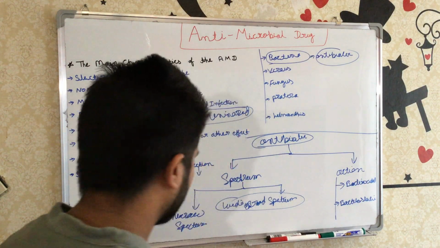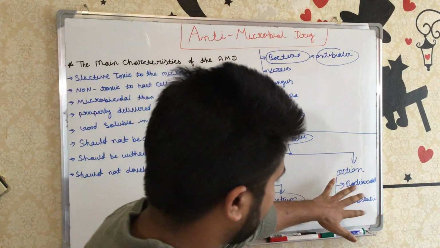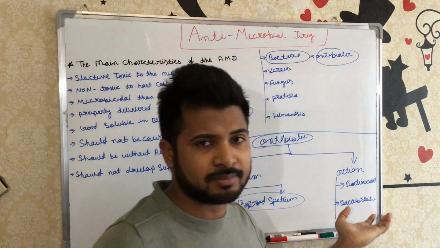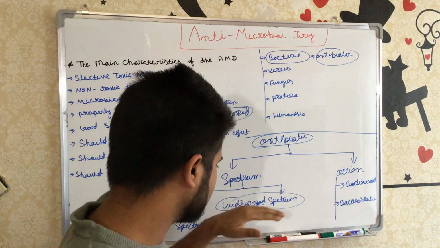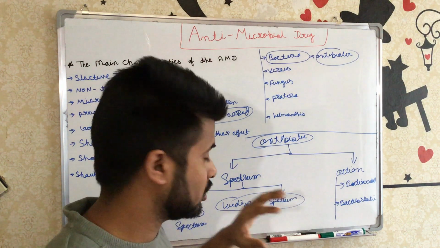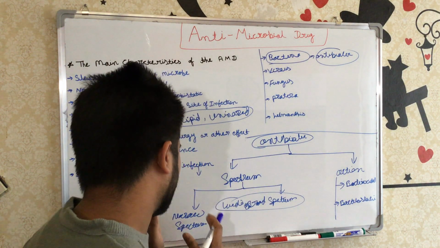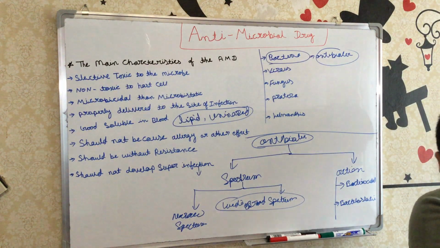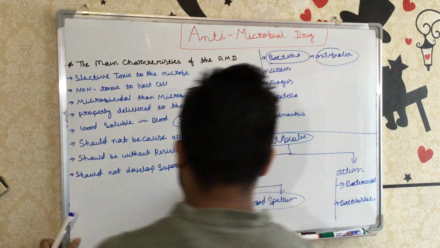So now we already understand what bactericidal and bacteriostatic mean. Now we'll discuss narrow spectrum and wide or broad spectrum. A lot of drugs belong to the narrow spectrum and wide spectrum, so it is very important to know.